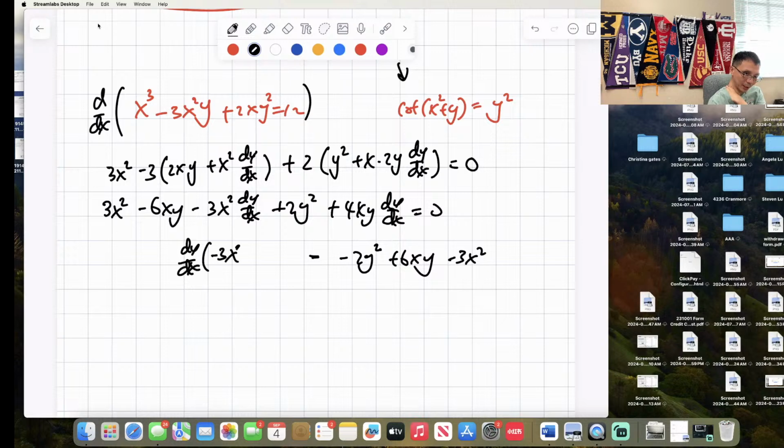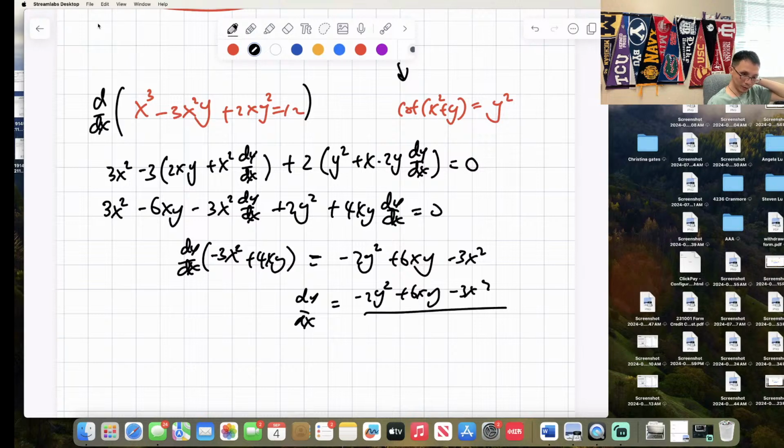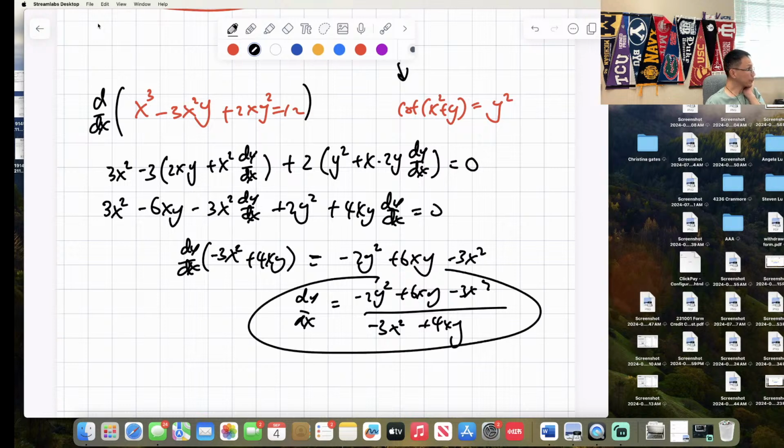So it'll be negative 3x squared plus 4xy. Is that okay? Did I do anything wrong? Yes or no? And then dy dx is equal to negative 2y squared plus 6xy minus 3x squared over minus 3x squared plus 4xy. And that will be the dy dx.